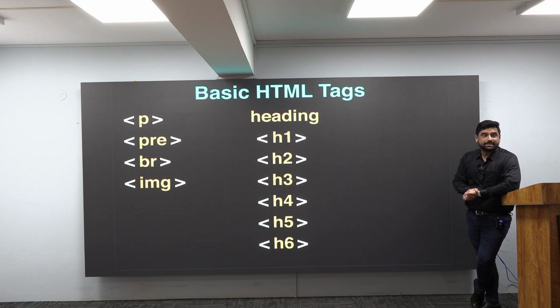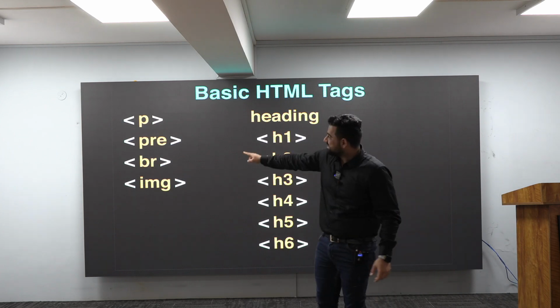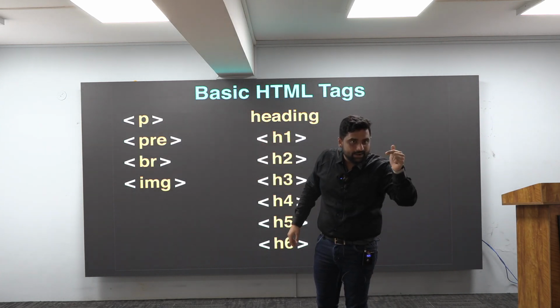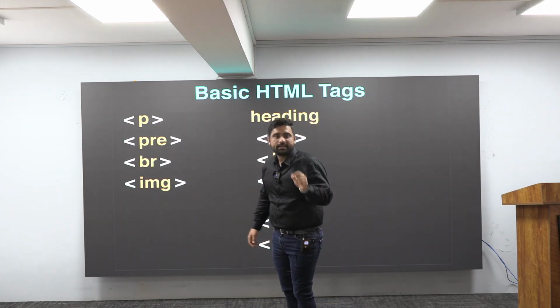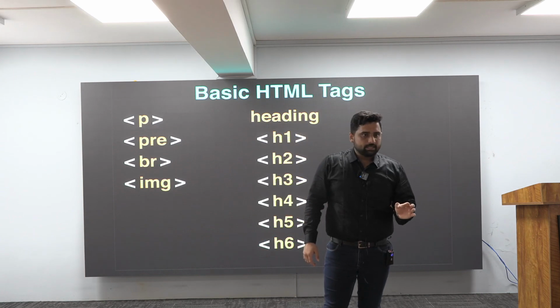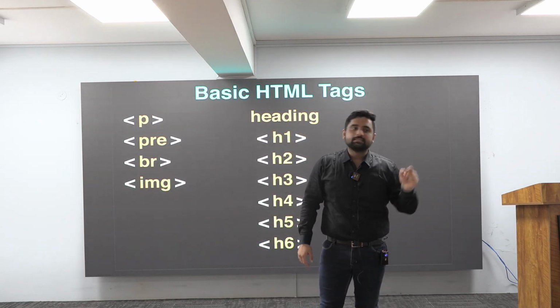I have not written IMAGE completely. Am I clear? So when you want to display any image, you have to use this image tag. Yes, I am reading image, but while writing, you just have to write IMG. Am I clear?